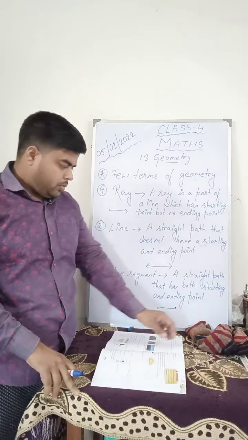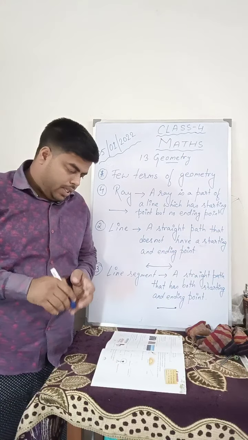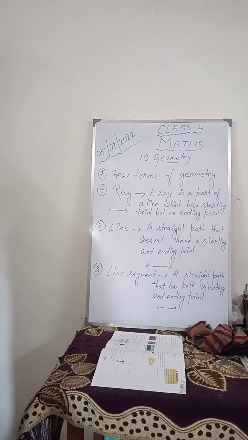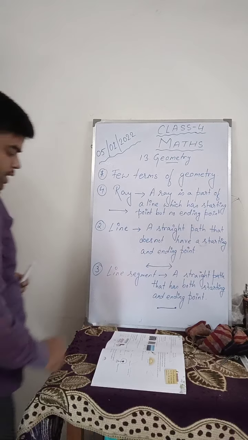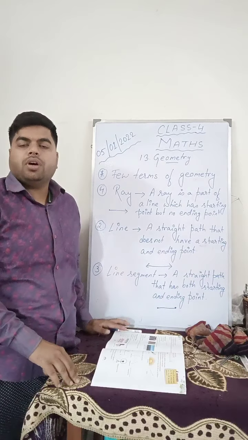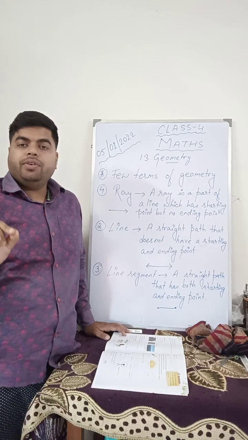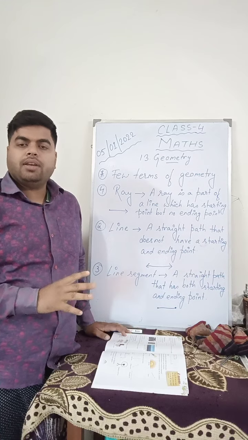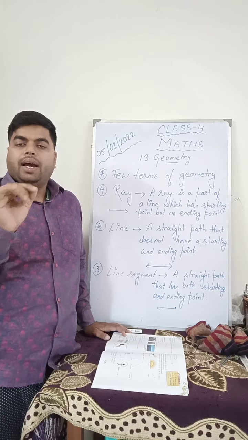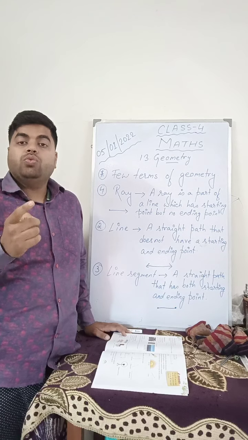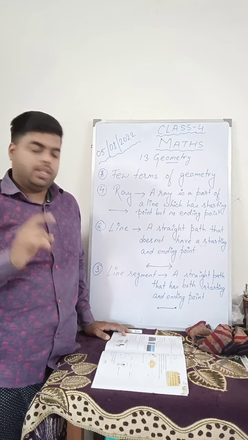Now next you have types of line. They have given you different types of line. I'll give you the different types of line today itself along with the shape, and whenever they ask you, especially in the exam, you will not only write the name but also draw the shape.